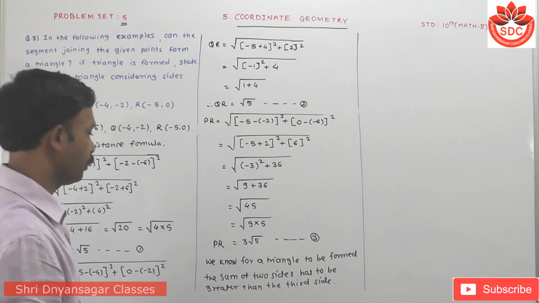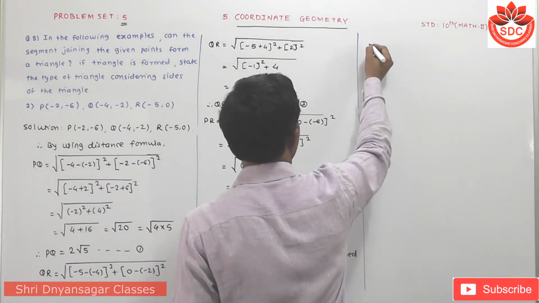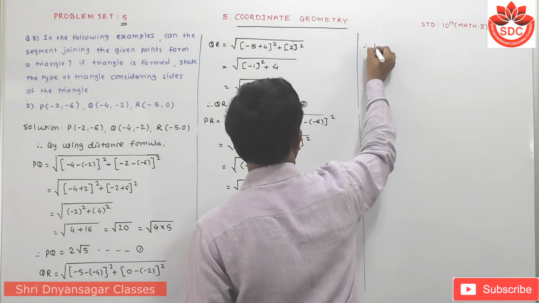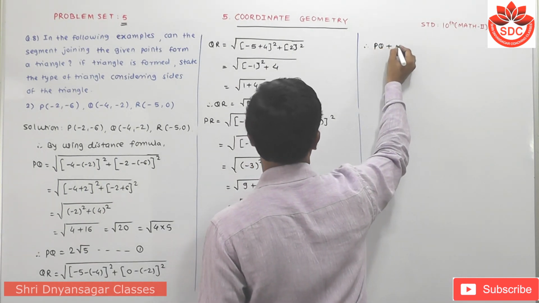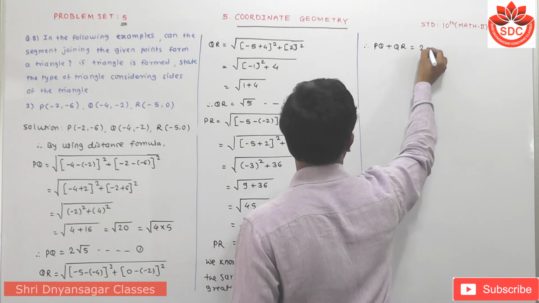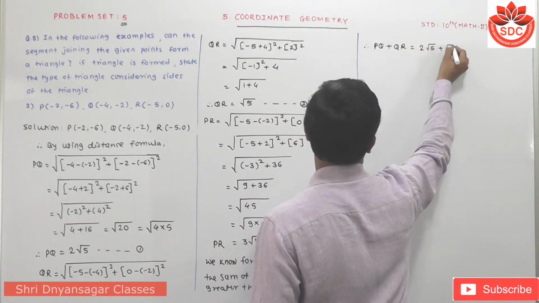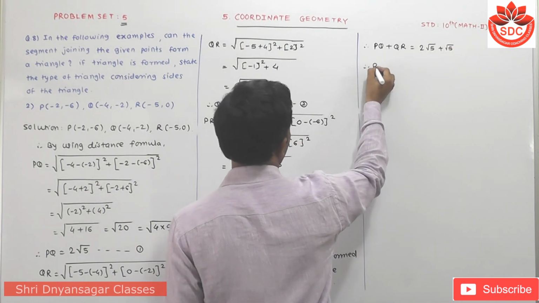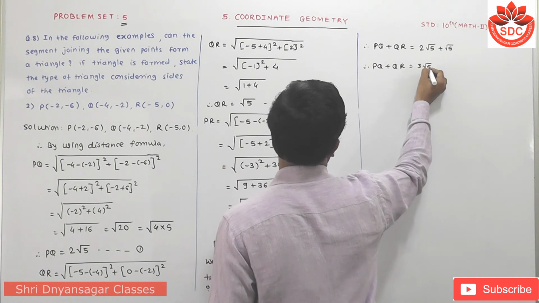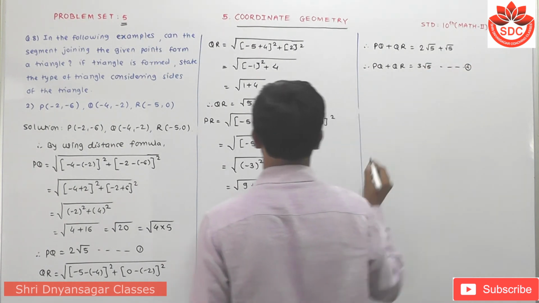Therefore, first I have to find out their sum here. Now here PQ plus QR is equal to PQ, which is 2 root 5, plus root 5. Therefore, this value PQ plus QR is equal to 3 root 5. Suppose that this is equation number 4.